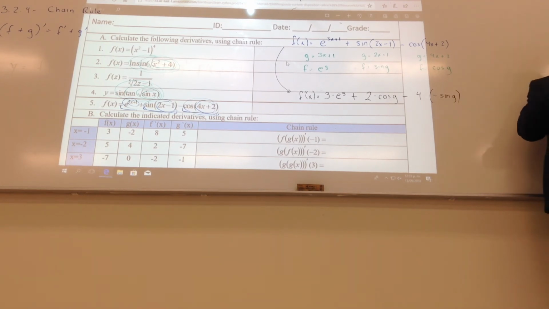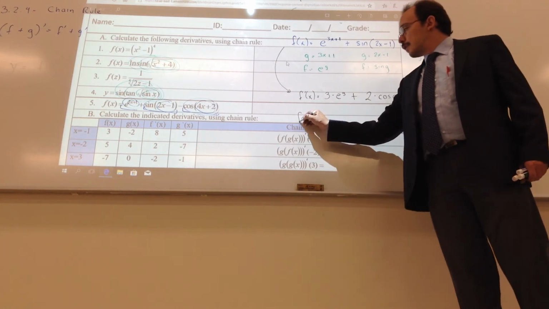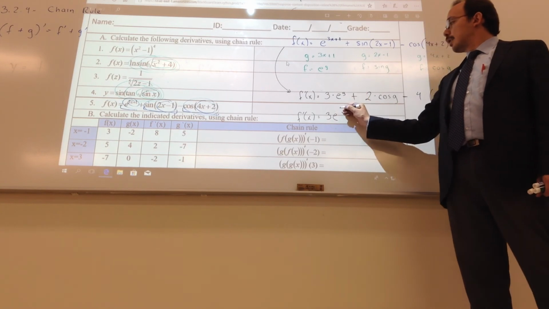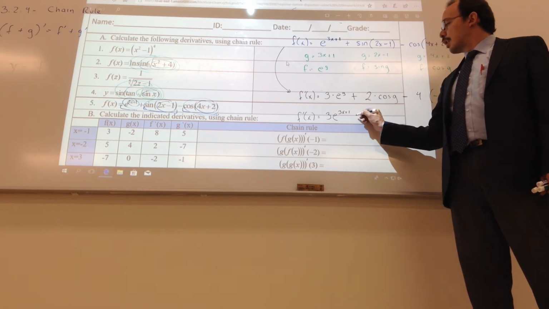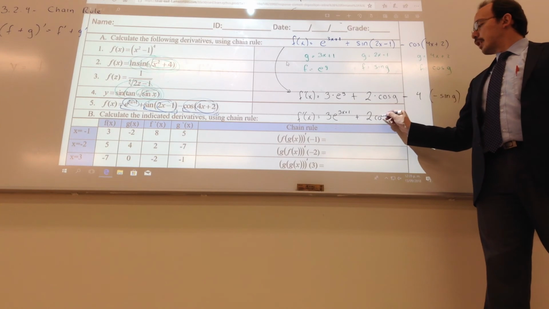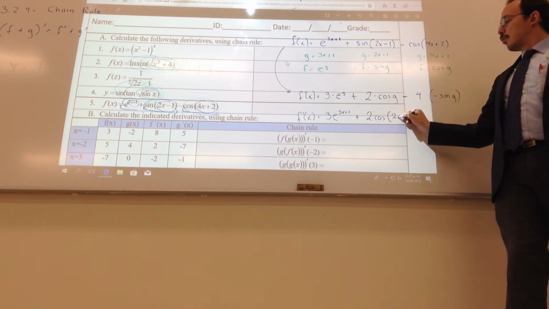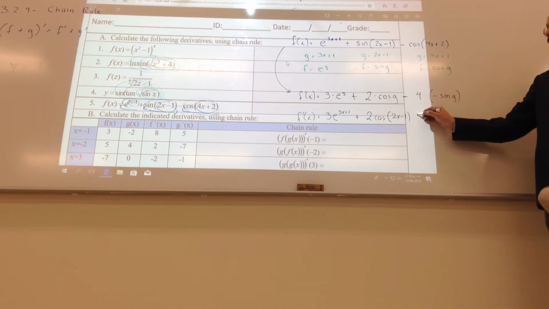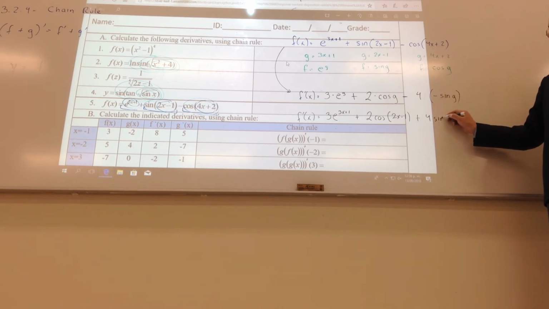And then I substitute and simplify if I can. 3e to the 3x plus 1, plus 2 cosine of 2x minus 1, minus 4 times minus sine will be plus 4 sine of 4x plus 2.